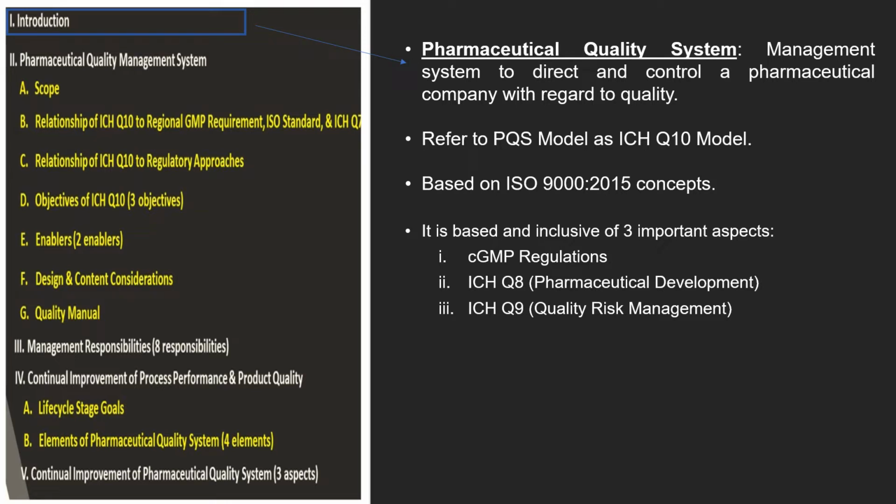It includes the CGMP regulations, it improves on ICH Q8 pharmaceutical development and ICH Q9 on quality risk management. Now when we talk about this ICH Q10 model, we should take into consideration that it also considers the design and development phase, which is usually not included in the CGMP regulation. How it is included, we will see further.